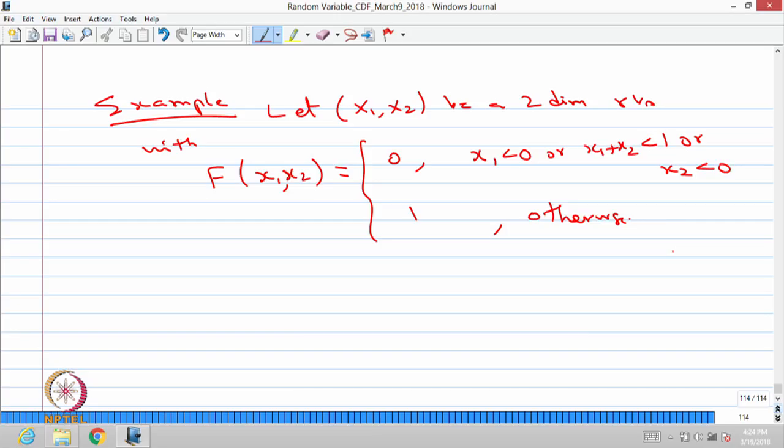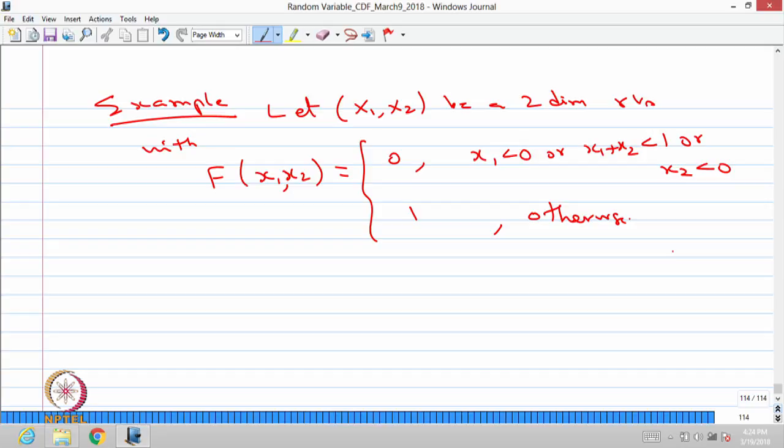We have to verify the third condition, that is, for any 2 points, the CDF at 2 points with a positive sign and 2 points with a negative sign has to be greater than or equal to 0.